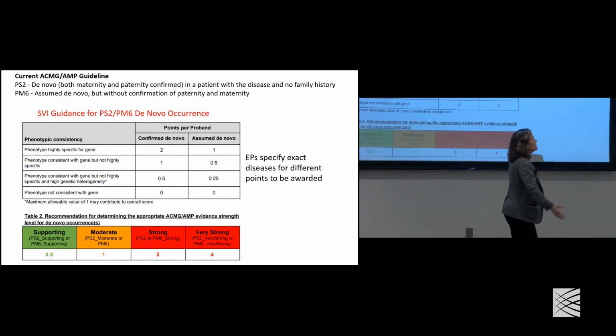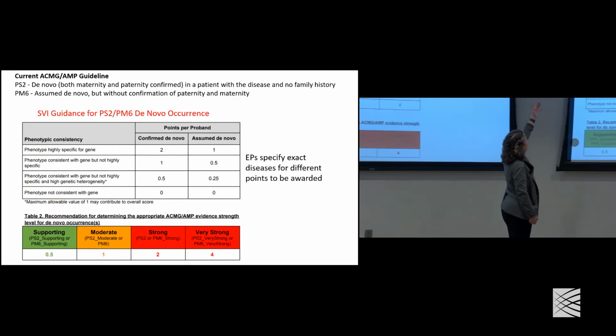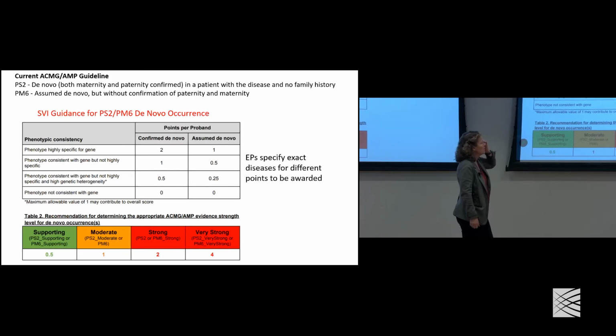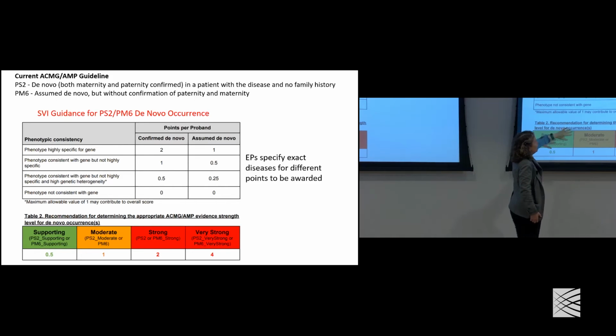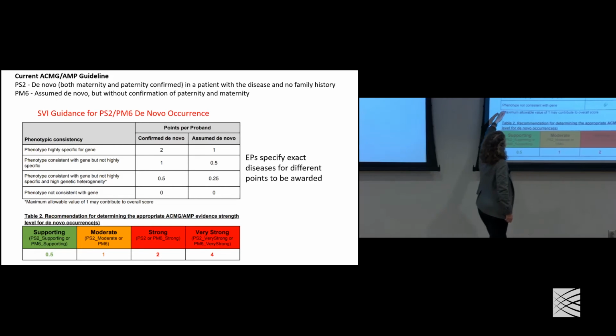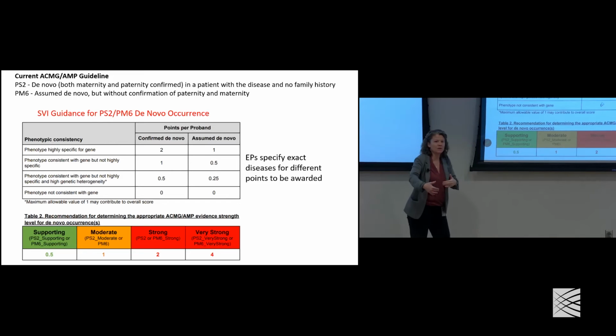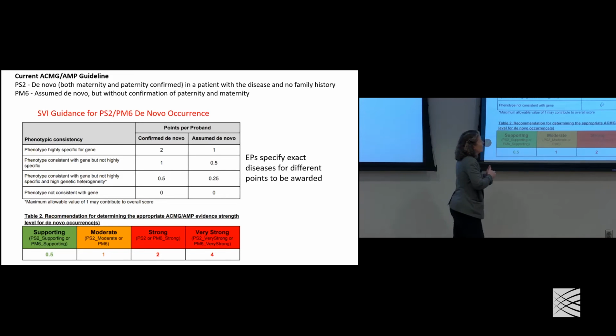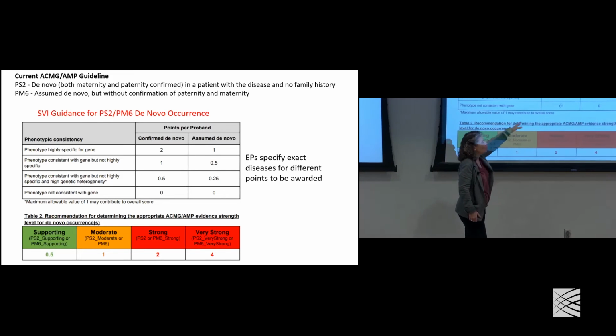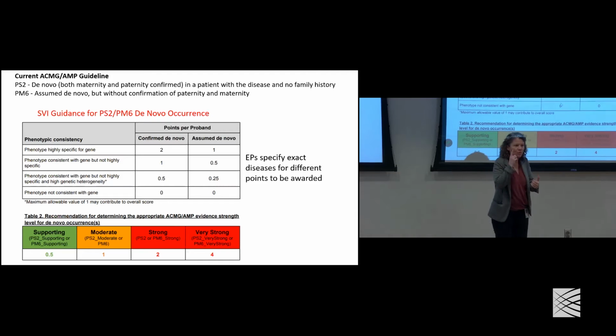So just as an example of that, for the PS2 and PM6 de novo codes, we then defined a point-based framework defining how specific the phenotype has to be for the gene, and that correlates to how many points and how many probands. Was it seen de novo in one individual or seen de novo in 12 individuals? That's obviously very different evidence.